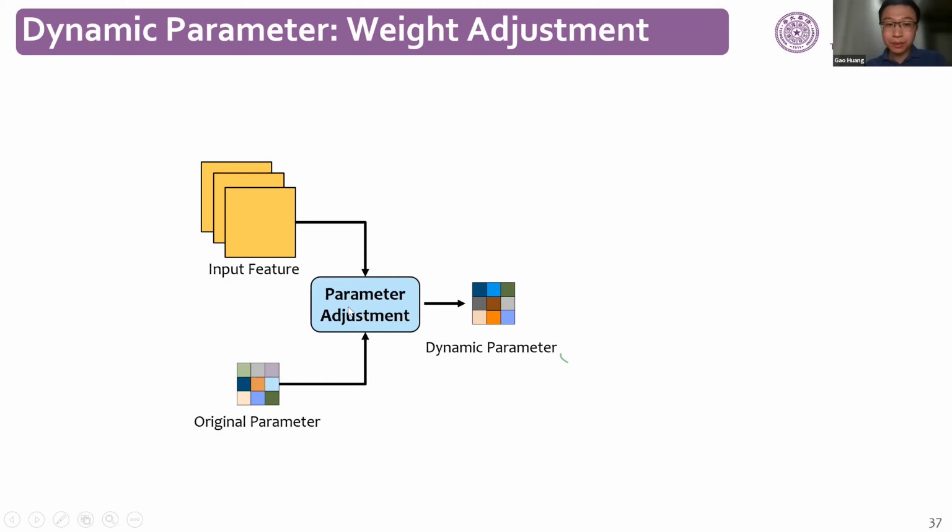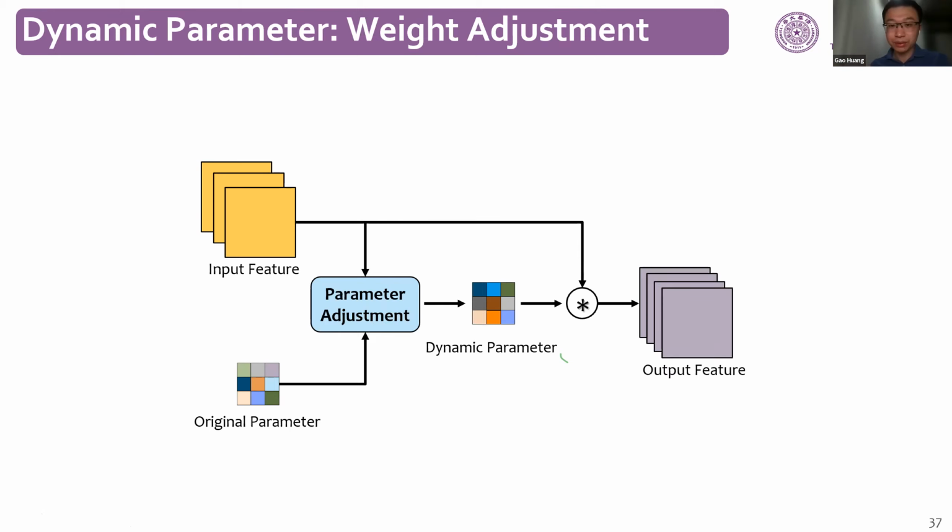That is, for different inputs, it will have a different adjustment, and then it will obtain a so-called dynamic parameter, because the parameter adjustment module is conditional on the input. This final parameter is dynamic because it's conditioned on different inputs, and it is applied to the input feature to get the output feature.